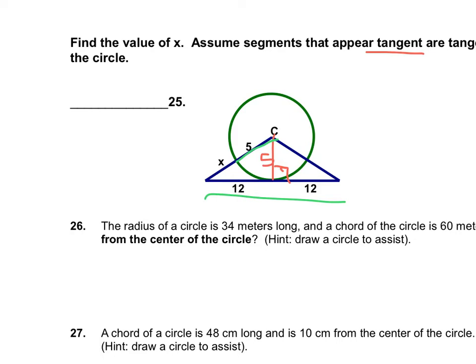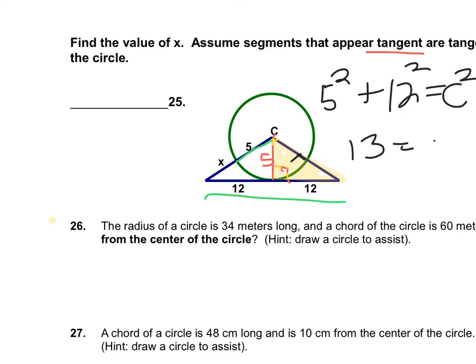Now I can focus on this right triangle right here. I can use the Pythagorean theorem, or I can use my triples. So I'm either doing 5 squared plus 12 squared equals 13 squared, and don't forget your hypotenuse is always opposite the right angle, or this is a 5, 12, 13 triangle.